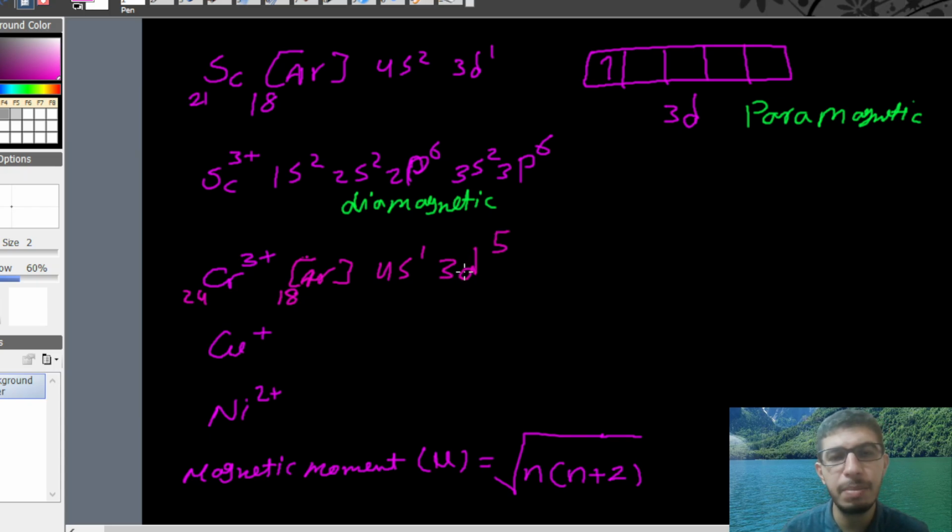That makes the 3d sublevel more stable, right? So let's look here. We want to lose how many electrons? We need to lose 3 electrons to get chromium 3 positive, right? So the 4s electron should be removed, and 2 more electrons should be removed from the 3d sublevel.